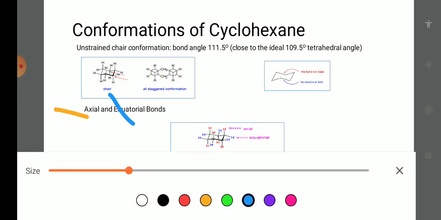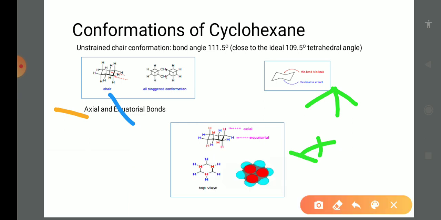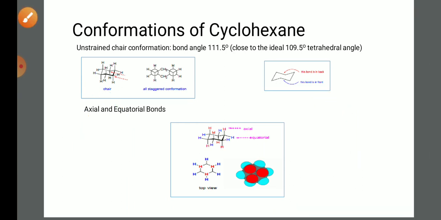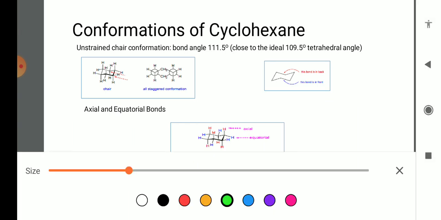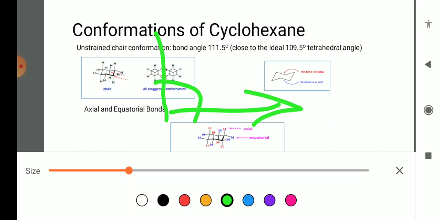When the hydrogens of cyclohexane exist at 90-degree angles, or perpendicular to each other, it is called axial. When the molecules have those types of angles, it's called 90 degree.